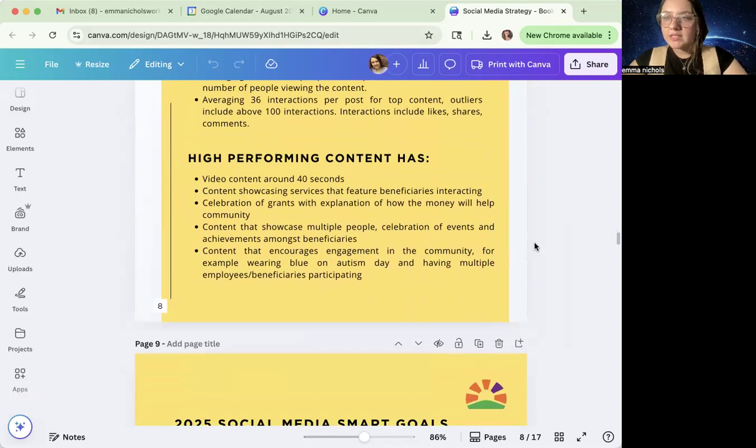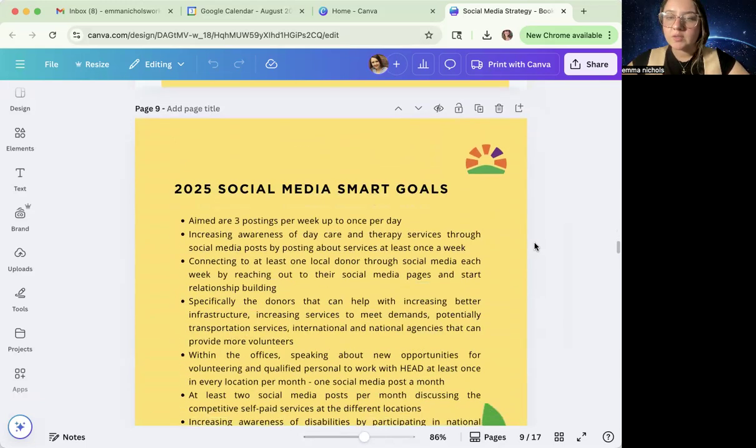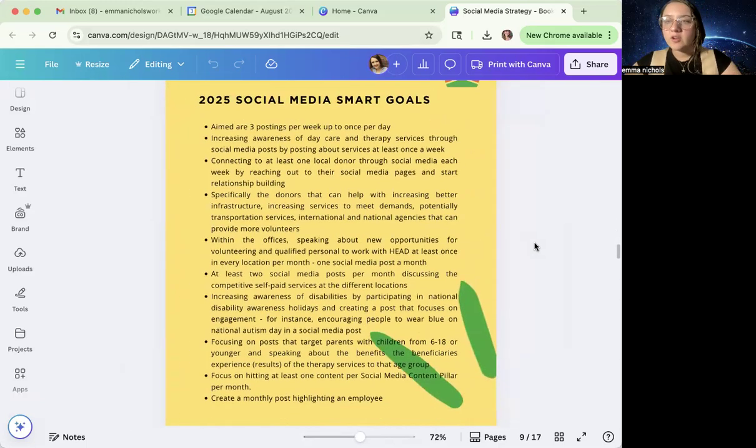So we'll see, breaking it down even further, that the high performing content is video content around 40 seconds. Content showcasing services that feature beneficiaries specifically. Celebration of grants, content that shows multiple people, and content that encourages engagement within the community as well. So based on that, our goals are going to be 3 posts per week, increasing awareness of the daycare and therapy center, and connecting to at least one donor.